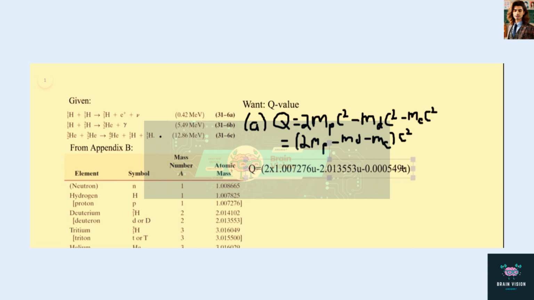We want all of this to be multiplied by c squared. And now you'll note that our units are in atomic mass units times c squared, whereas our final answer, we're looking for it to be in mega electron volts.